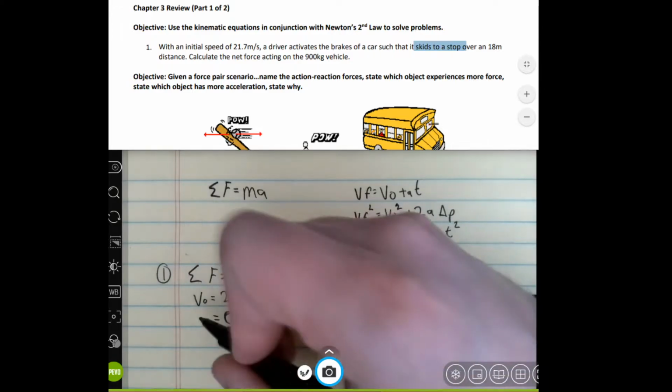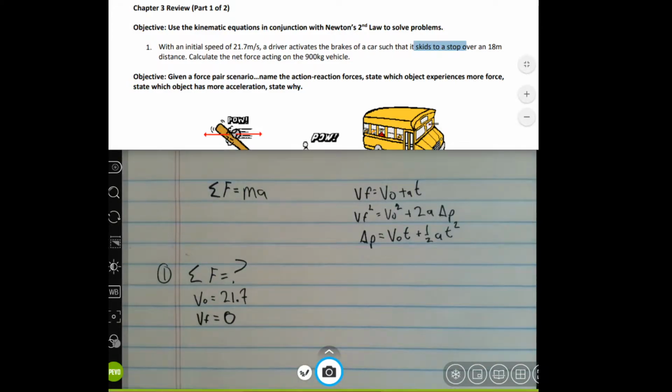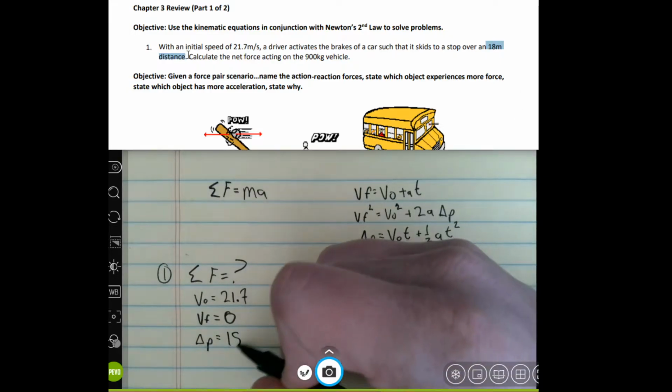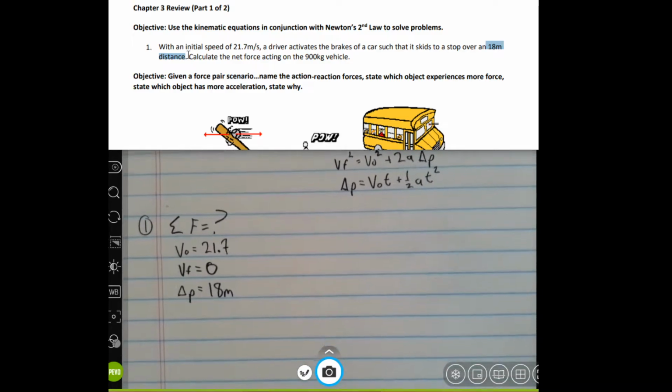Very good. Someone answered privately here. VF is 0. We also have it skids to a stop over this distance right here. Technically, distance and displacement are different numbers. In our class, they always end up being the same thing, so we don't need to differentiate between distance and displacement.